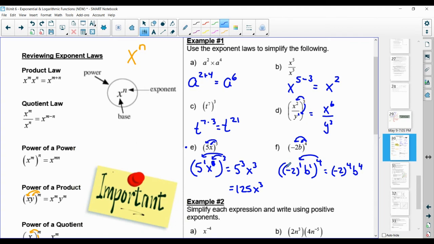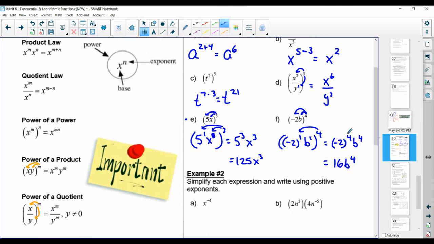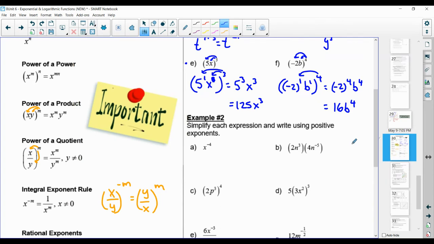So if you were to go on your calculator and put negative 2 to the 4th or negative 2 in brackets to the 4th, you'll get different answers because negative values put to an even exponent should be positive. So negative 2 to the 4 exponent 4 is 16, b to the positive 4. Now, if you were to put this in your calculator and miss the brackets, you'd end up with a negative 16 and we'd end up with a wrong answer. So those negatives can be a little bit tricky sometimes.